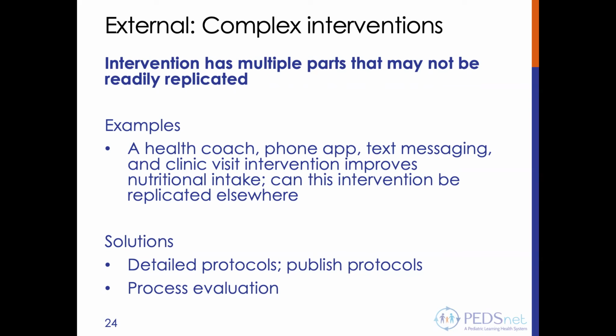Or an intervention that includes a health coach, a phone app, text messaging, and a clinic visit, perhaps all that together improves nutritional intake. But with all those parts, are you able to replicate that same intervention elsewhere?